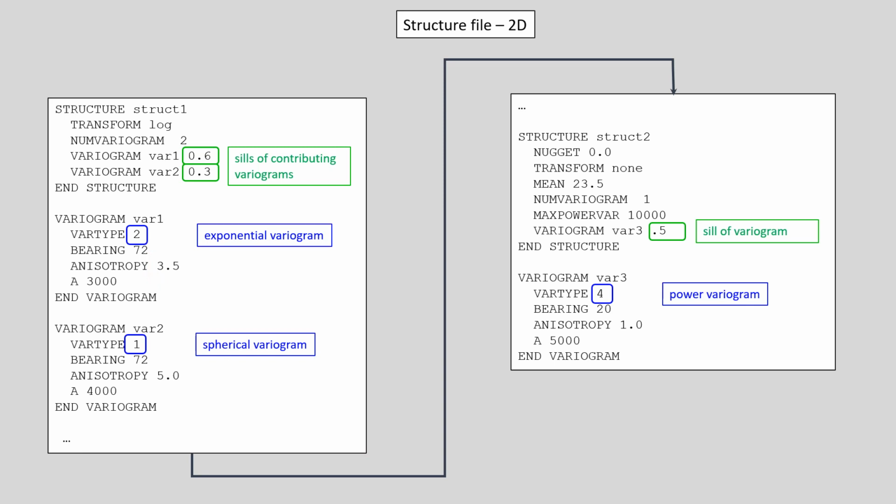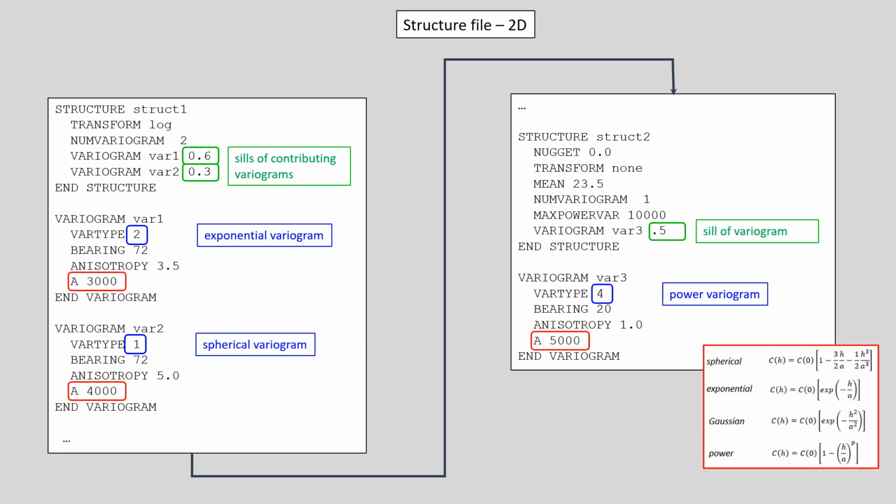The type of variogram, the equation describing the variogram, and hence the decay of covariance with distance, is specified by an integer. 2 for exponential, 3 for spherical, 4 for power, 3 for Gaussian.